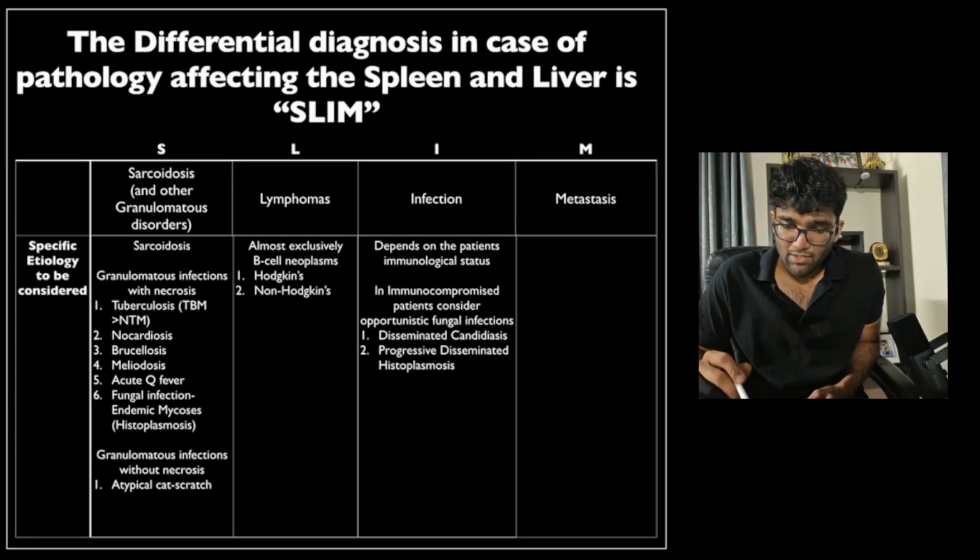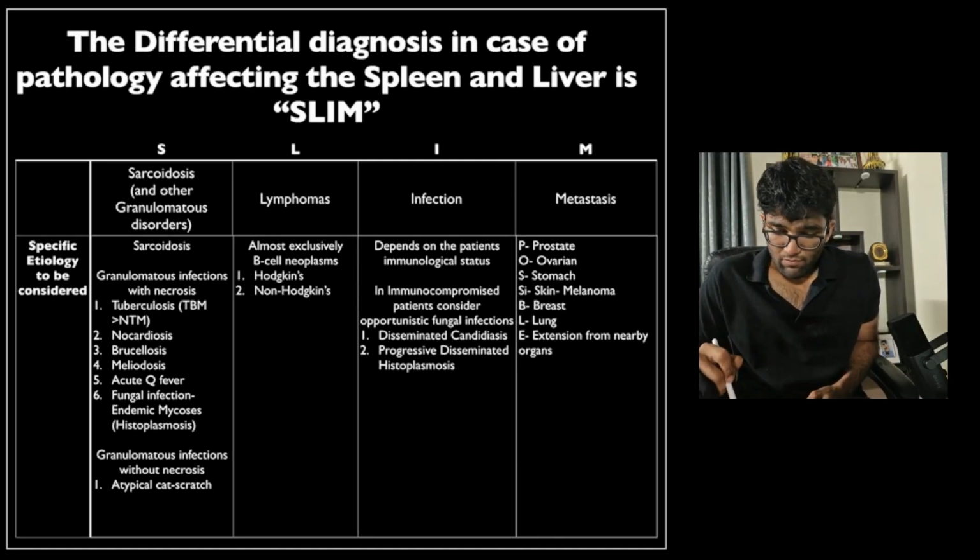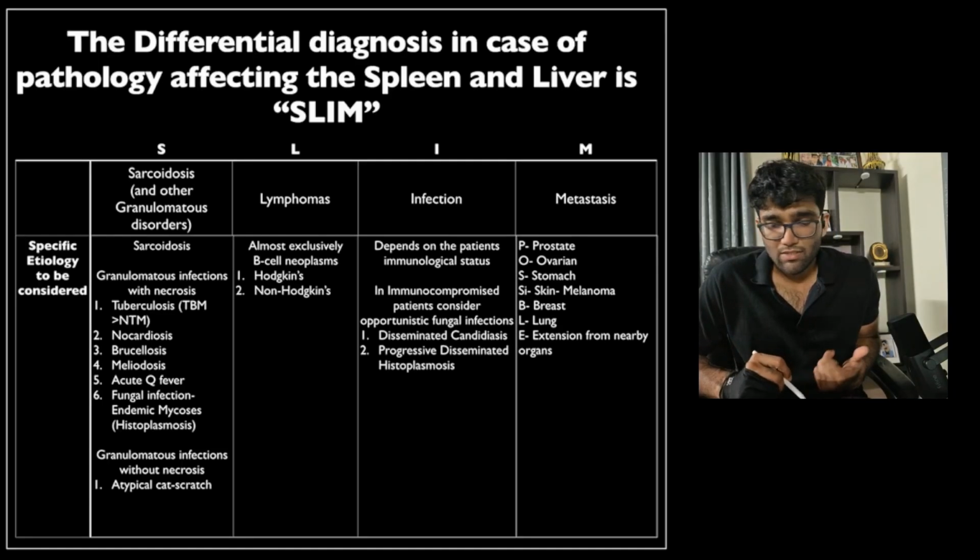Now metastasis to the liver is possible in the following cases. Use a mnemonic: POSSIBLE. P stands for prostatic malignancies, O for ovarian, S for stomach, S for skin, specifically melanoma, B for breast, L for lung, and E for extension from nearby organs.